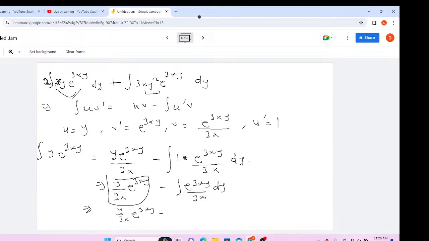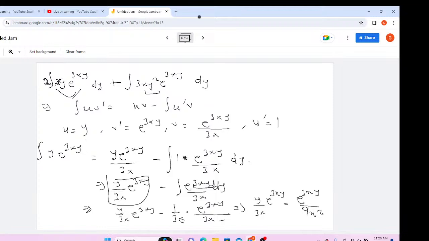Now when I want to integrate this with respect to y, I differentiate what is here and I divide by that. So I have my 1 over 3x here, exponential 3xy all over, and then I differentiate what is here with respect to y, I get 3x, I divide again. So then my answer becomes y over 3x exponential 3xy minus exponential 3xy all over 9x squared, because 3x and 3x.